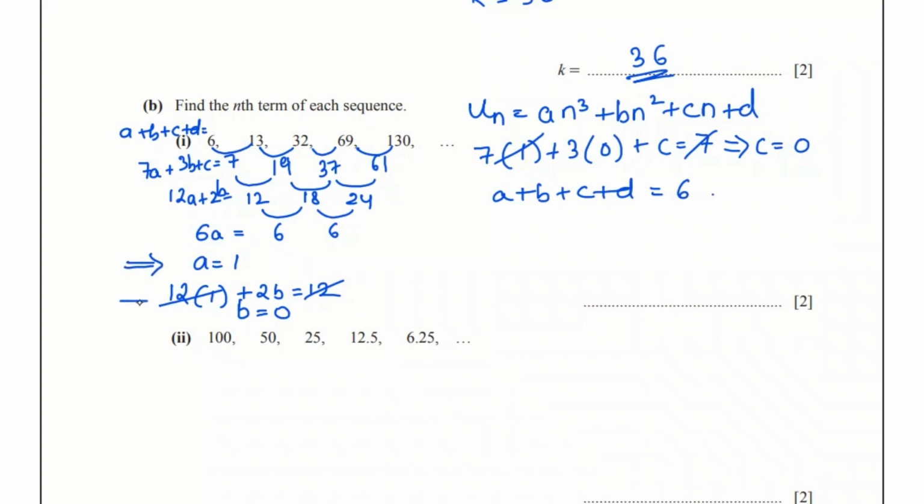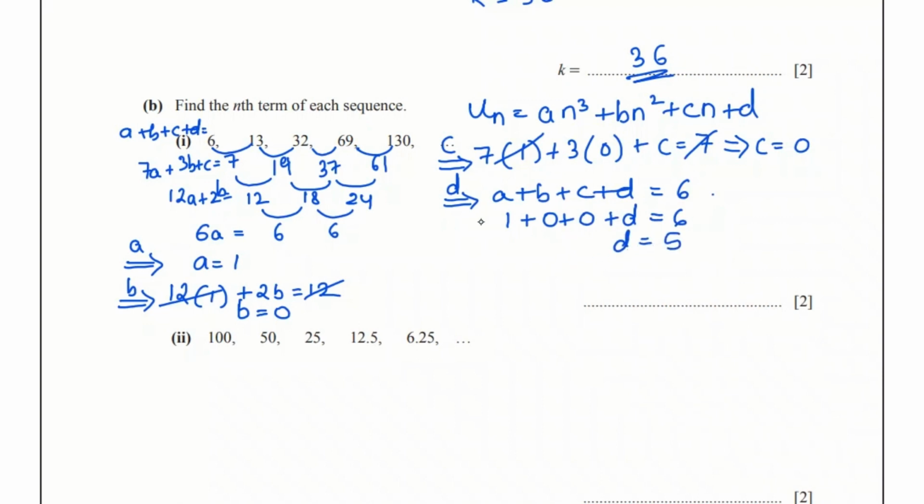So I found out a, I found out b, I found out c, and here I find out d. The a value is 1 plus b is 0, c is 0, d is equal to 5.